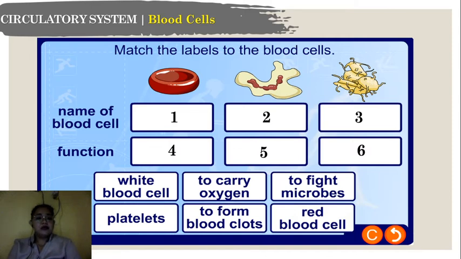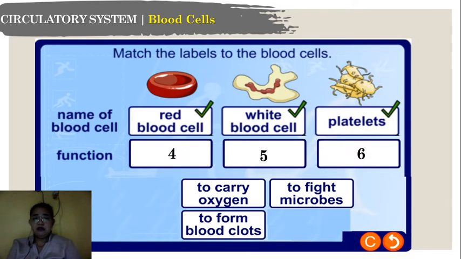Unlike nung parang red na bilog or yung disc concave na yan, that would be your red blood cells. Okay? Kaya siya tinawag na red kasi present yung hemoglobin. And then we have your platelets. Okay? So, irregular din ang shape niya kasi nga, they are fragments ng RBC at WBC.